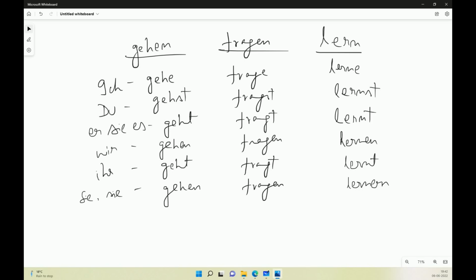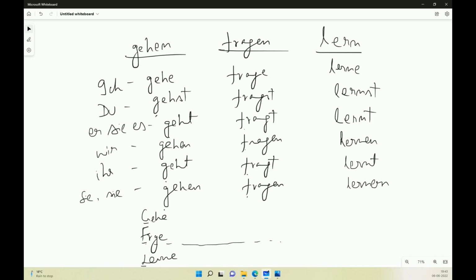But what I want to tell you is, you probably must have noticed that in all the cases, whichever verb I have written, the first character is always small. So make sure, friends, that whenever you are writing a verb, unless this verb comes at the first place of a sentence, it is small. If the first word of a sentence is frage, or gehe, or lerne, whatever it may be, it has to be in capital in that case.